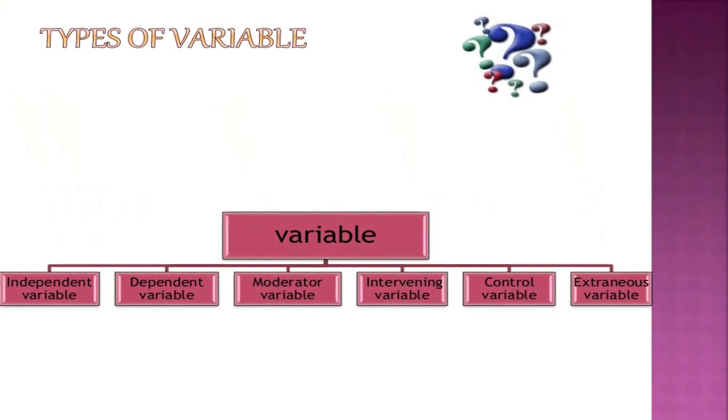Ladies and gentlemen, in types of variables, there is independent variable, dependent variable, moderator or moderating variable, or intervening variable. An intervening variable may be called a mediating variable. Please remember, it has two names, and mostly in books mediating variable is also used, which you should know about. Control variable and extraneous variable. Of these, the first four especially are very important: IV, independent; DV, dependent variable; moderating; intervening; control; extraneous.